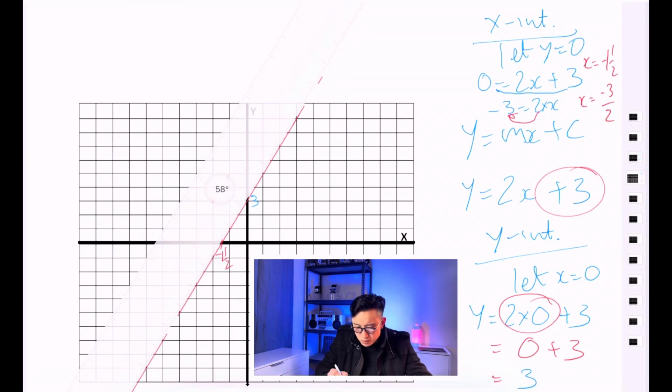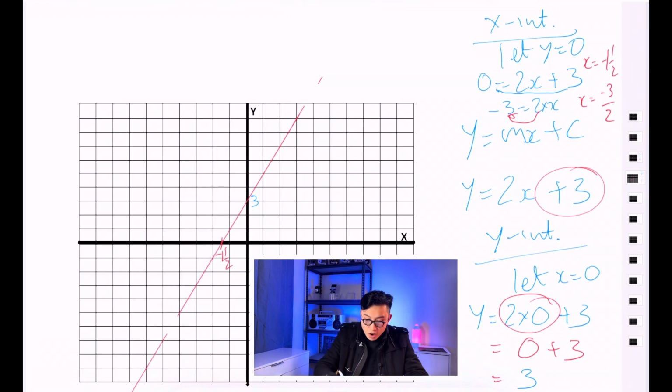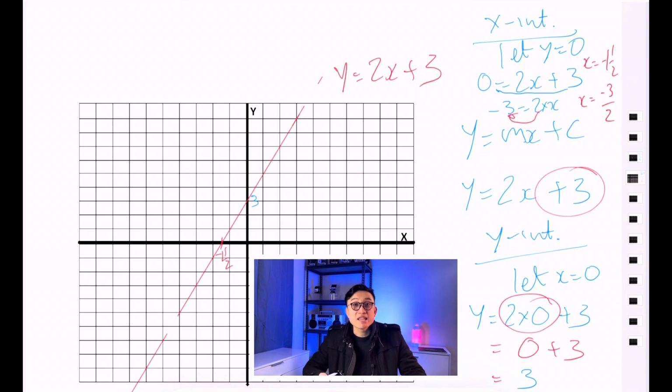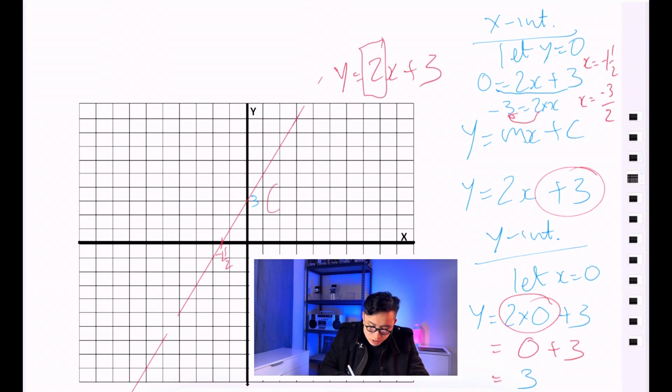You sketch straight through that point, and that is y equals 2x plus 3. And you can see that it's diagonal. The gradient is 2 in this case. And the only extra thing that we might do is write the intercepts in coordinate points. There you go. That's a diagonal linear line.